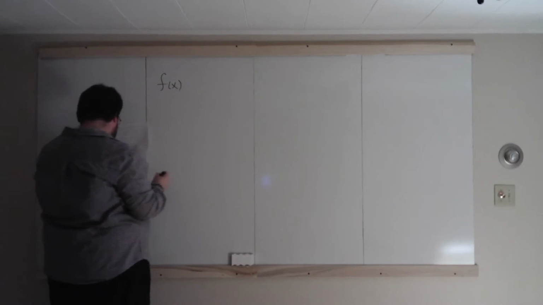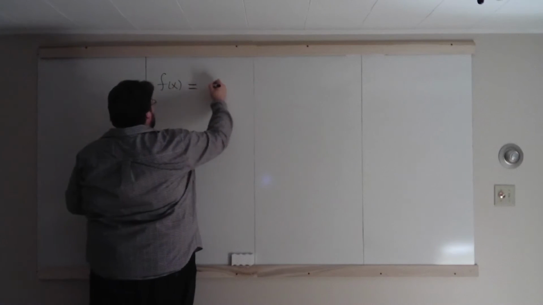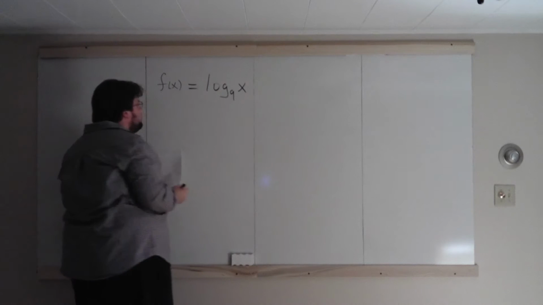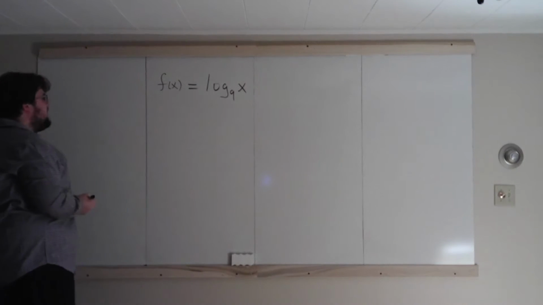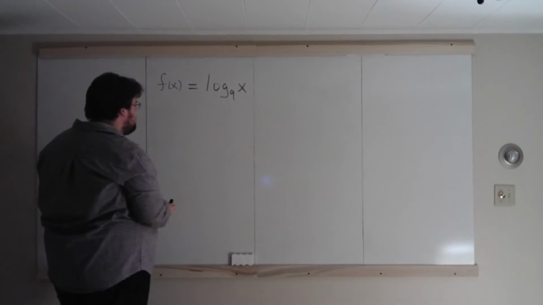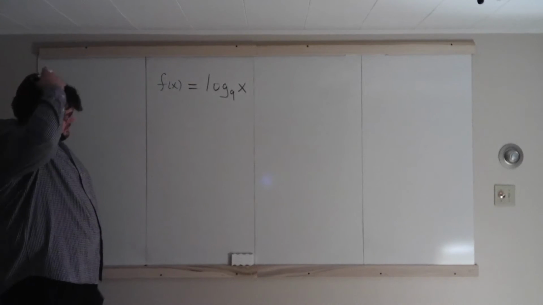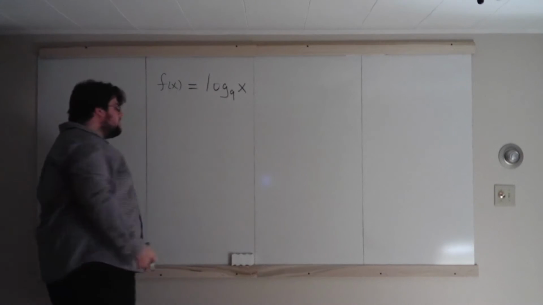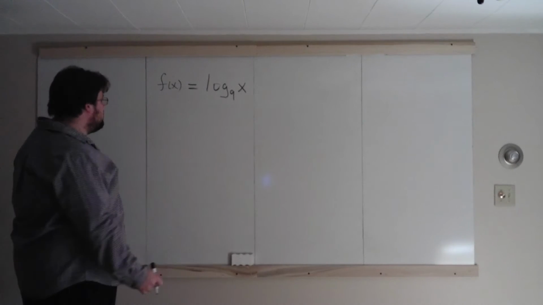Find the derivative of this function. Derivative of log of x with base 9. Well, this one would use the 10th rule that was listed. Derivative of a logarithm with a base other than e.